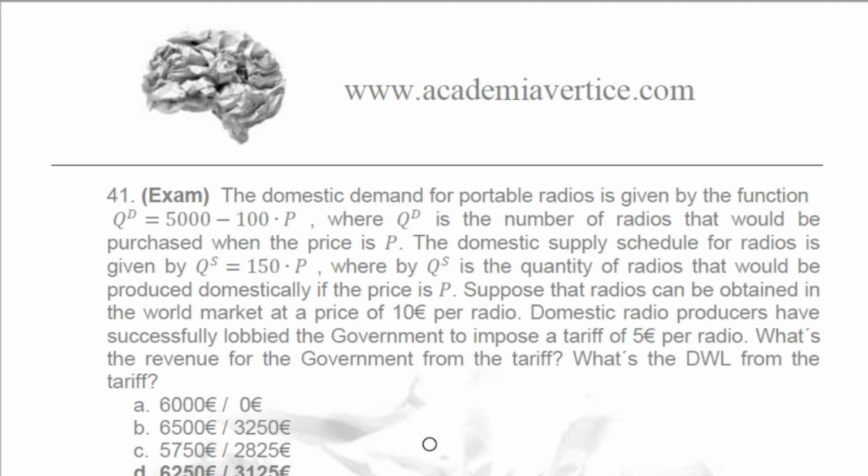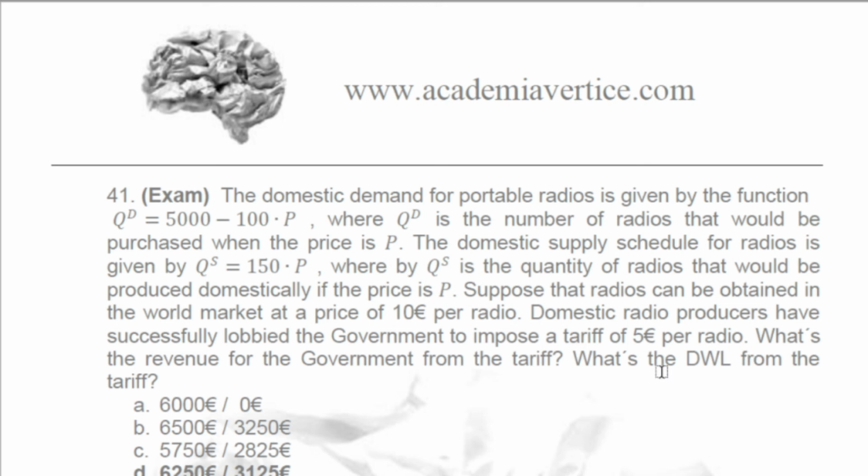The domestic demand for portable radios is given by the function Q equal to 5000 minus 100p, where Q is the number of radios that would be purchased when the price is P. The domestic supply schedule for radios is given by Q equal to 150p, whereby Q is the quantity of radios that would be domestically produced if the price is P. Suppose that radios can be obtained in the world market at a price of 10 per radio.